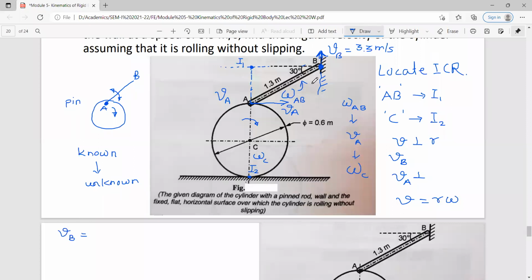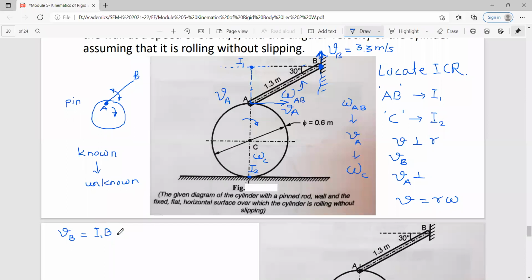Point B's distance from the center of the rod AB, because point B is on rod AB. So we will use the center of rod AB only. So the radius of point B is the distance of point B from I1. I1 is the center for rod AB, I1B.